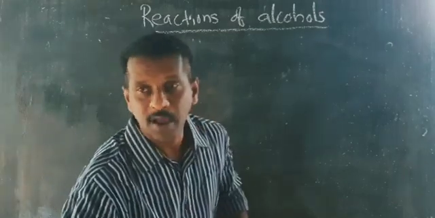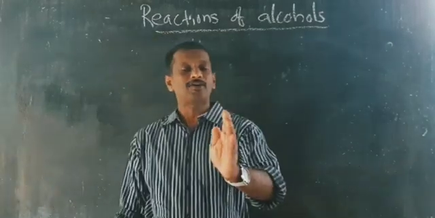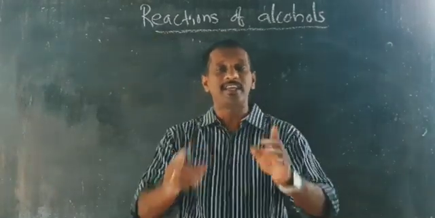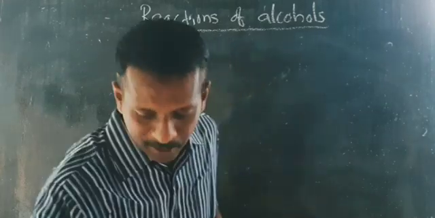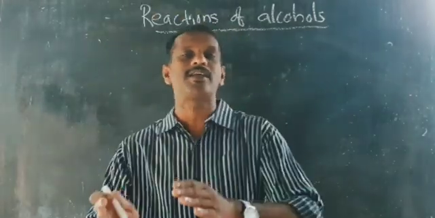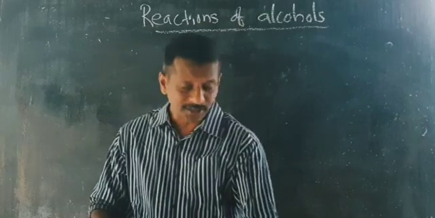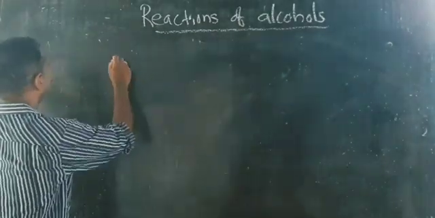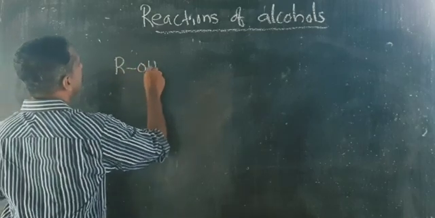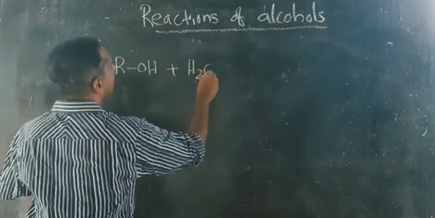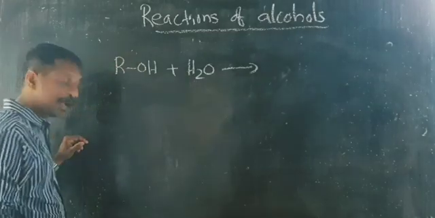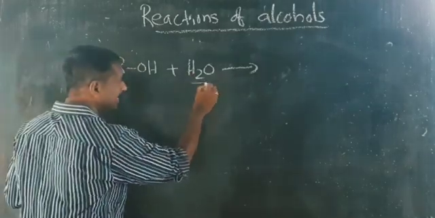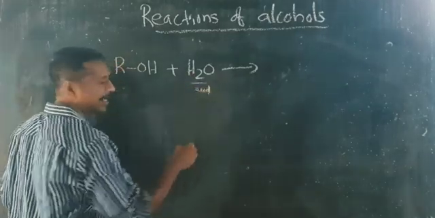And one more point you have to remember. Alcohols are less acidic even than water. When you compare the acidity of alcohol and water, we can see that water is more acidic than alcohol. For example, when alcohol reacts with water, ROH plus H2O, what will happen? Here water is acting as acid.